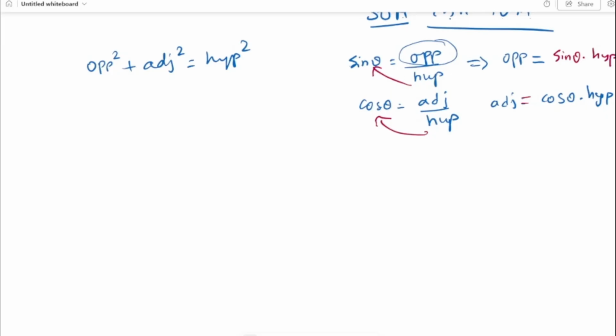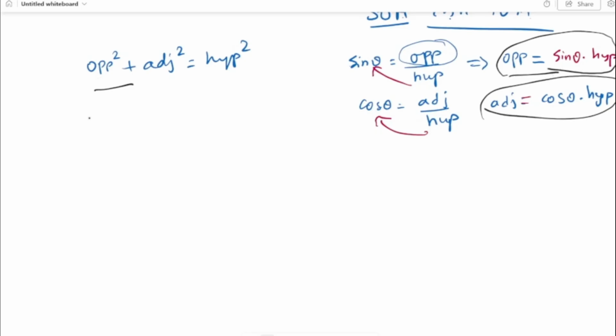Now these guys I'm going to substitute in this equation, and let's see what happens. Instead of opposite square, I'll express sine theta times hypotenuse. Basically what we're doing here is solving simultaneous equations via substitution.